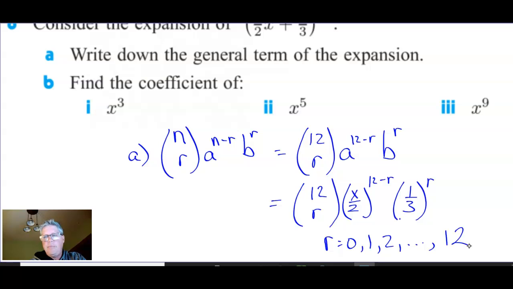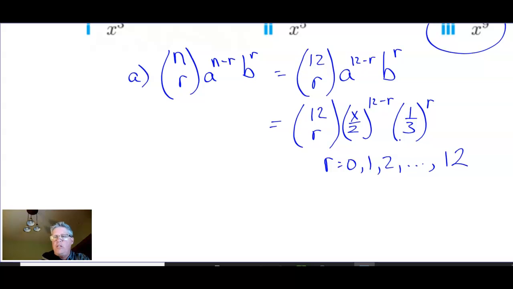Which one should we do? Should we do x to the 9th? So, what contributes to x to the ninth? Does this? No. Does this? No. Does this?